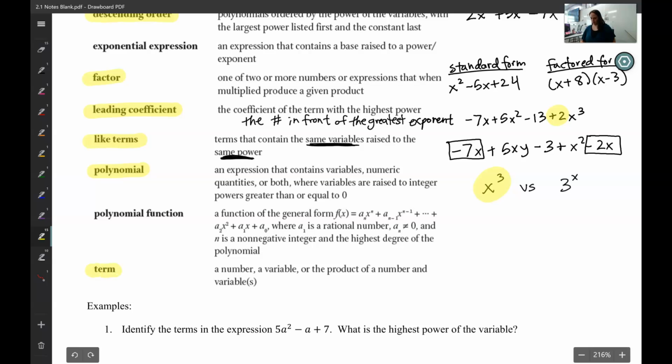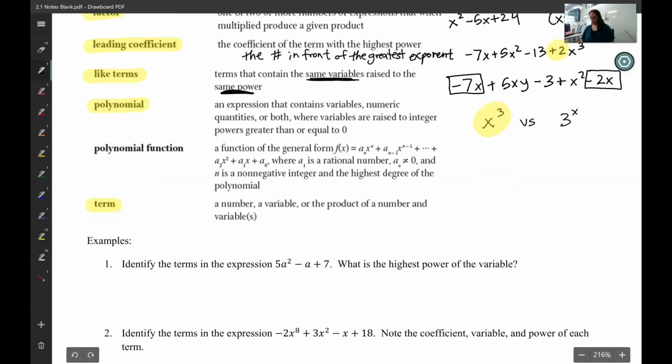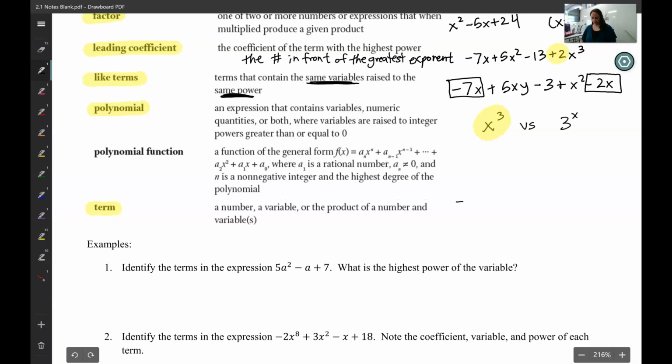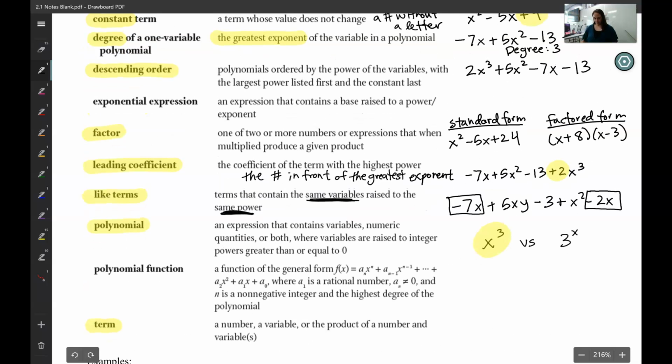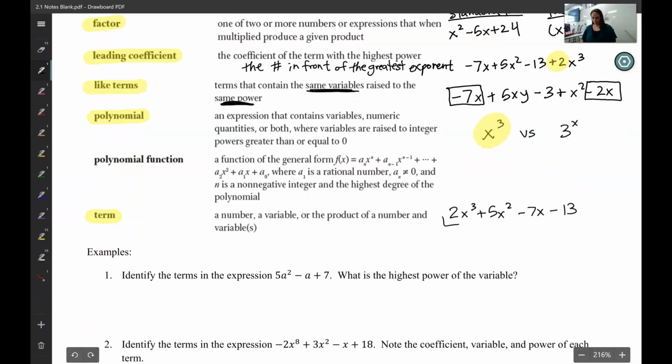Last one I want you to know is term. Terms are always separated by addition or subtraction. So if I have, let's do our example from up here, 2x cubed plus 5x squared minus 7x minus 13. This would be called the first term. Then it's separated by addition, so that would be the second term.